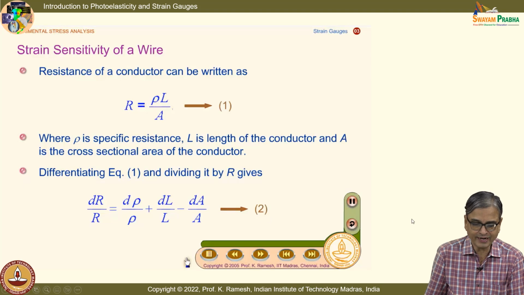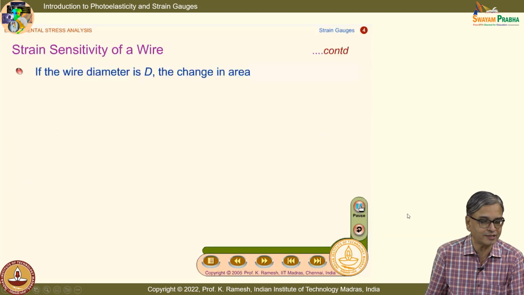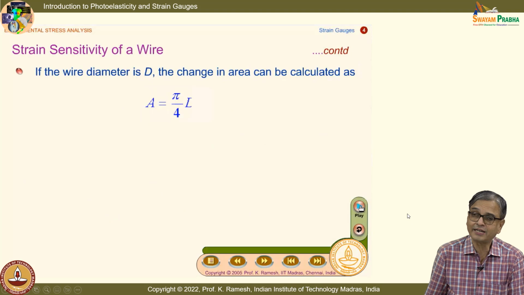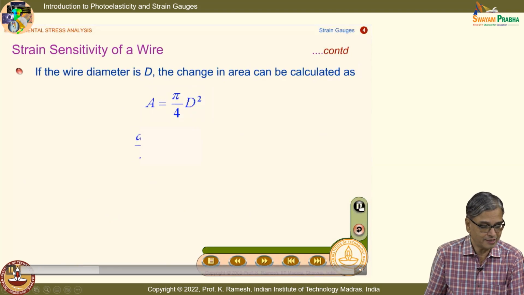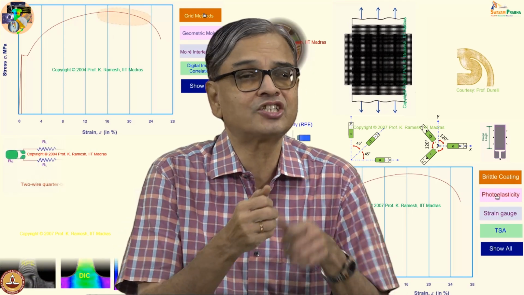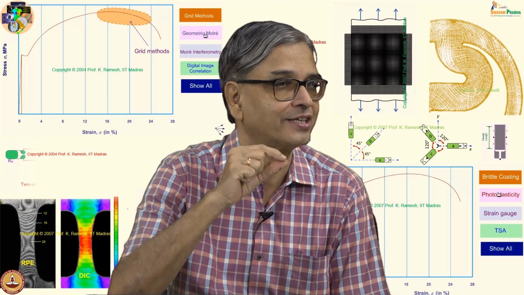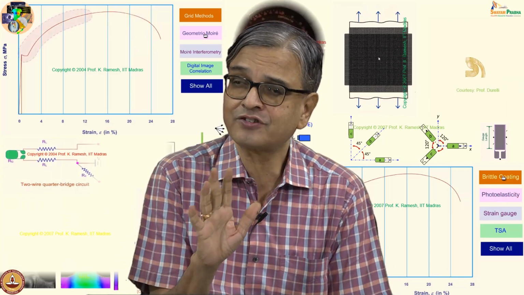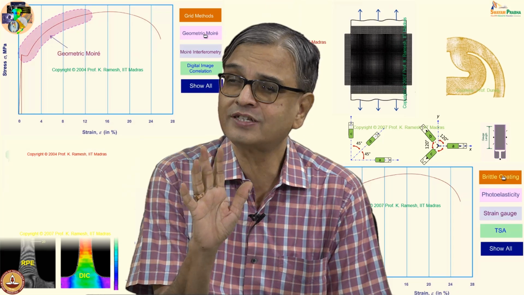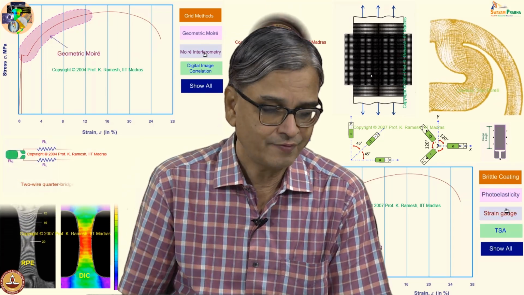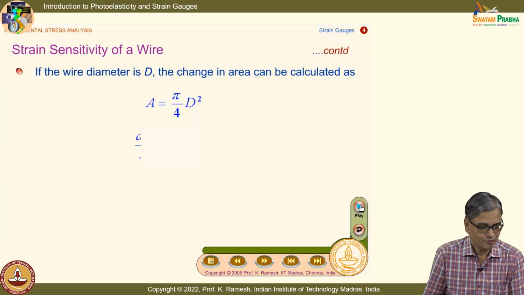Now we will simplify it, and we will also talk about what we looked at in the simple rubber experiment. When I stretched the rubber, there was a contraction in the lateral direction. This happens at a fixed ratio, and that ratio is credited to Poisson. We will use that. Okay.